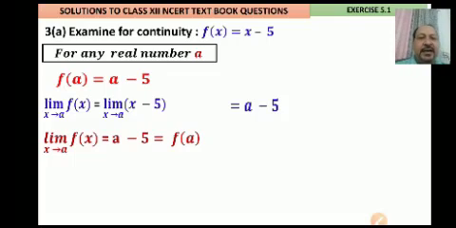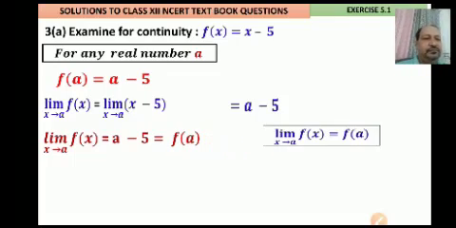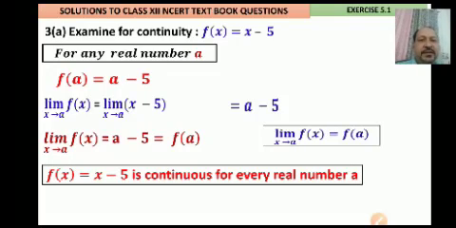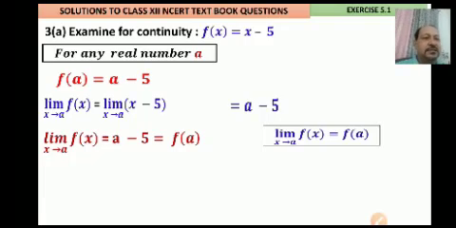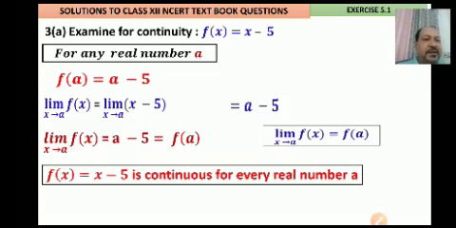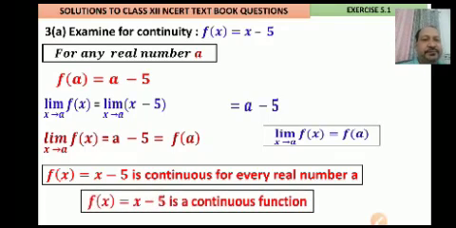Limit x goes to a, f of x equal to a minus 5 equal to f of a. As you observe, the value of the limit is always the functional value of the function. So f of x equal to x minus 5 is continuous for every real number a. So f of x equal to x minus 5 is a continuous function.